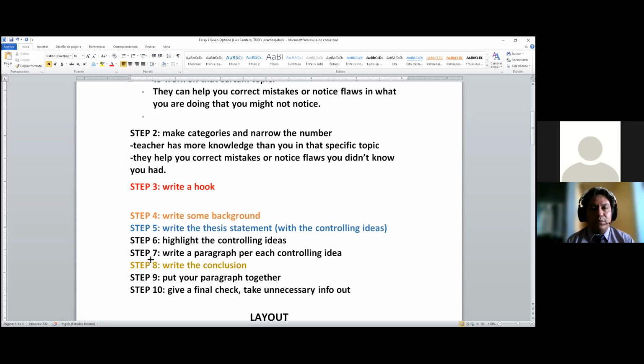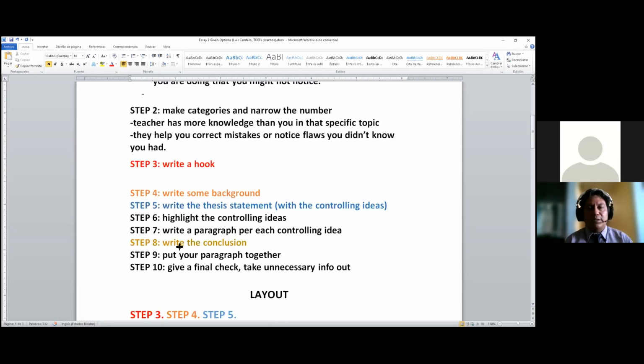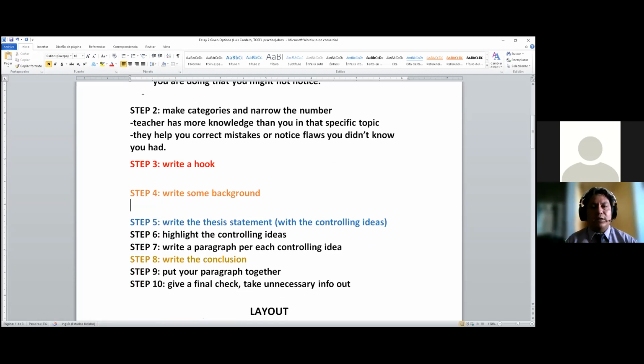Or what you can do also, as I think we did last class, you can leave it for the end. You can write all the rest, and once you get some more ideas, more inspiration, you finally write the hook. That's also another way.